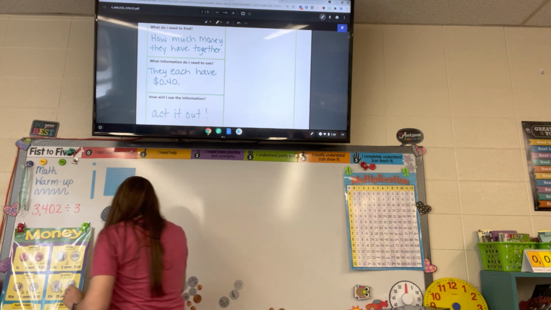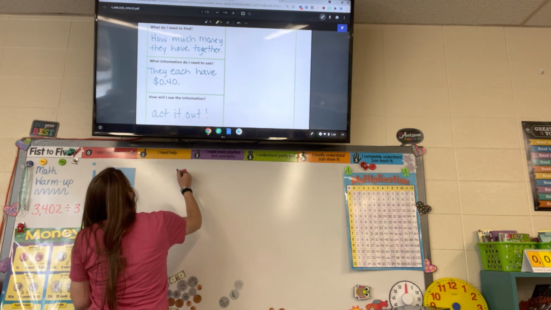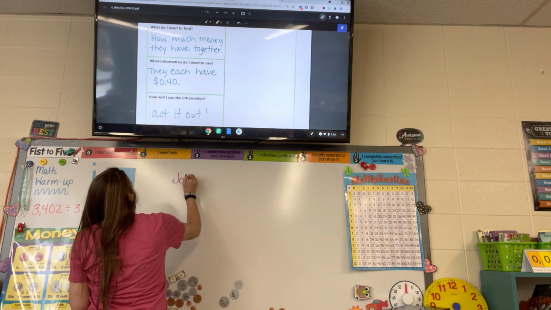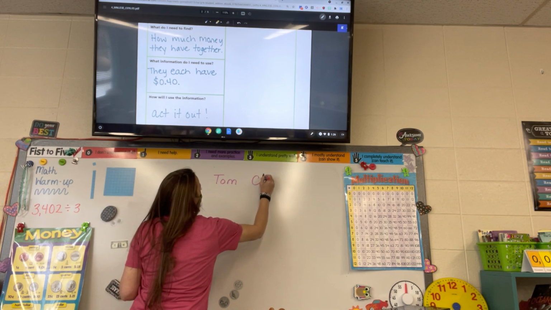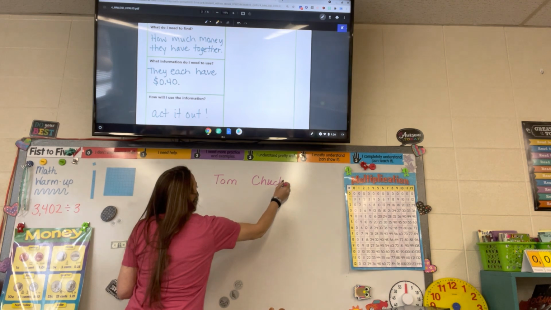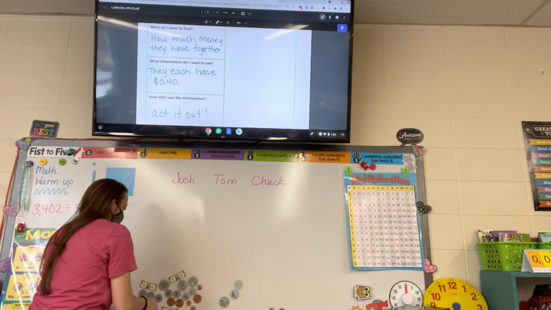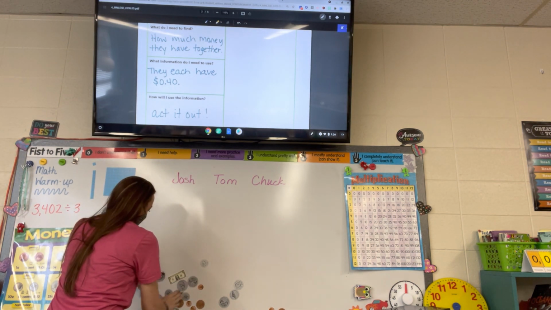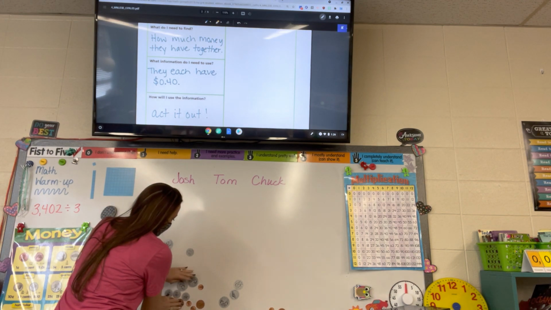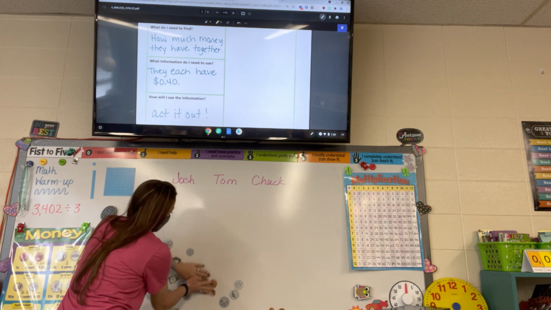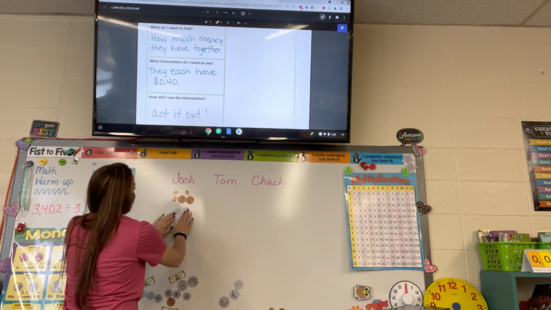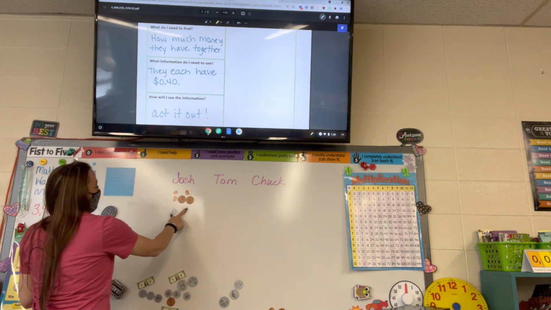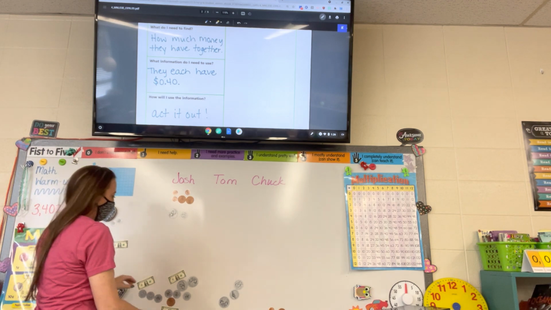So we've got Josh, Tom, and Chuck. And Josh has, here's how we're going to make 40 cents for Josh. There's 5 pennies and 25, 35, 40.